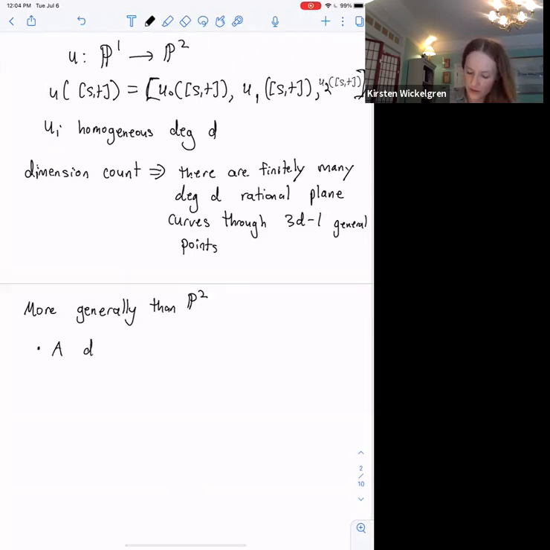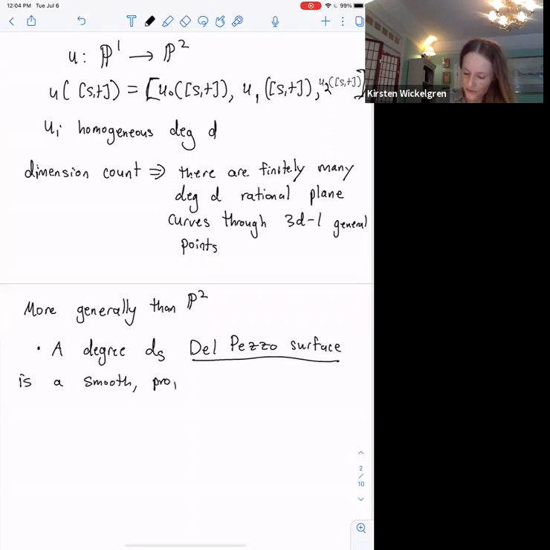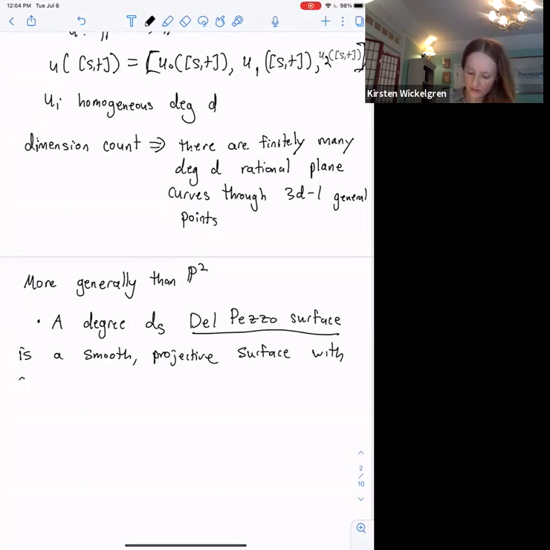And let me remind you, or explain, a degree D_S for a surface, a Del Pezzo surface. For us, it's a smooth projective surface with ample anticanonical bundle.